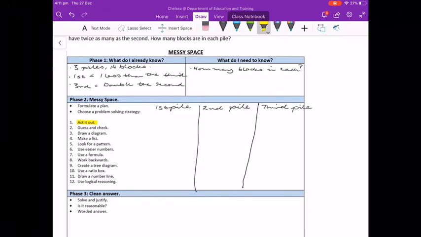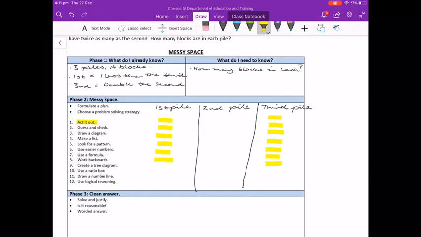Okay, so the first pile is going to have one less than the third. So let's say we have 4 in the first pile. Actually, we need to have double. Let's say 6 in the first pile. So the first pile has to have one less than the third. So let's say 4, 5, 6, 7. Remember, there's 14 blocks altogether.